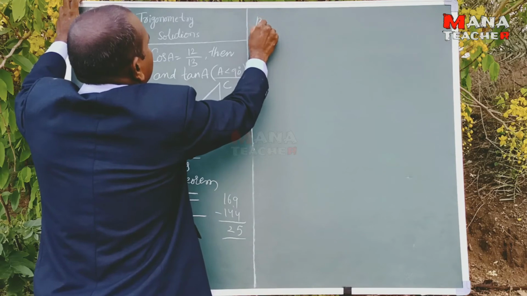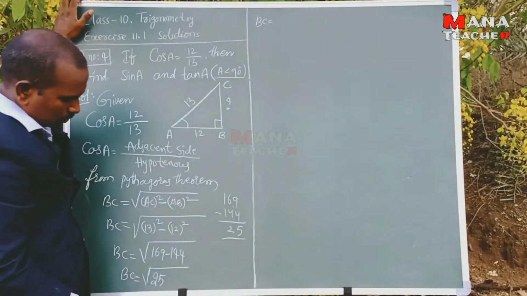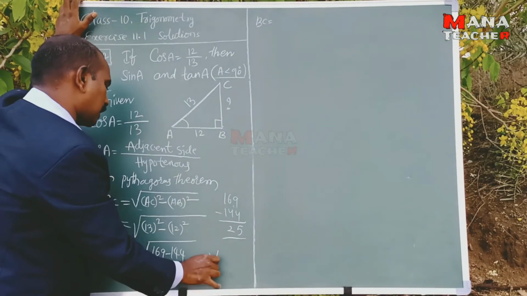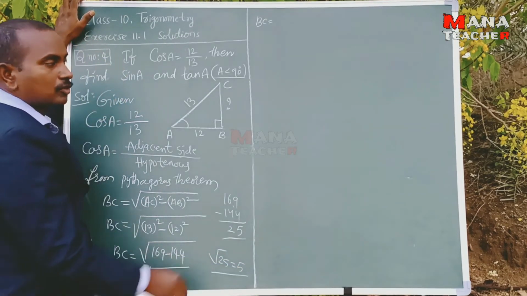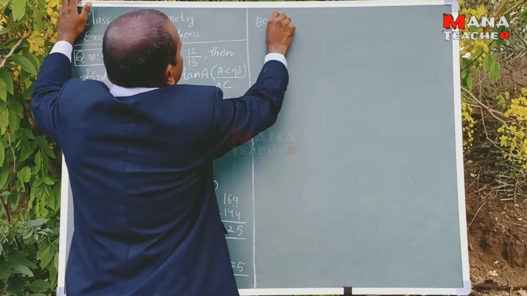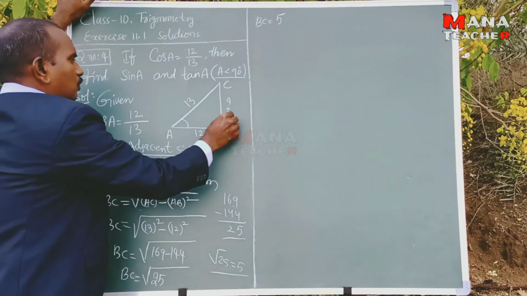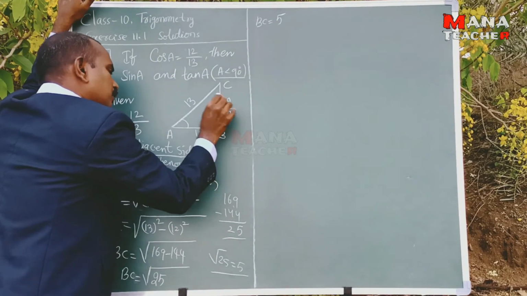So BC equals square root of 25. What is the value of root 25? That is nothing but 5. So BC equals 5 units.